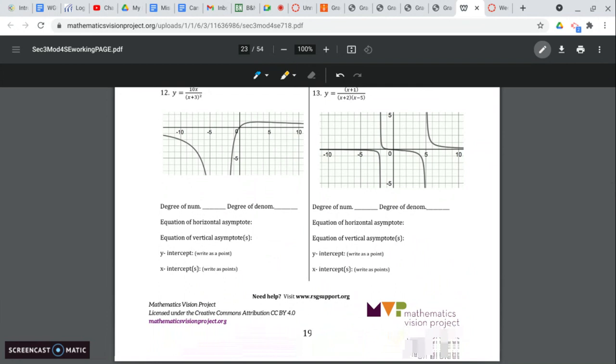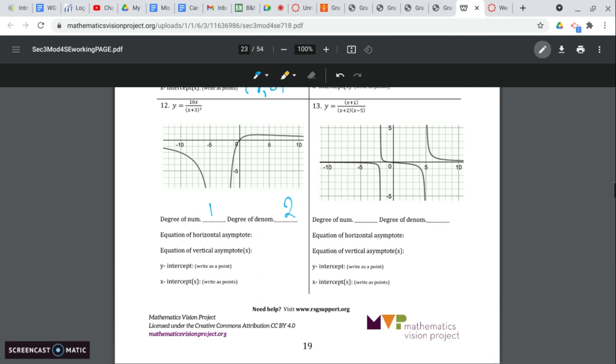For number 12, the numerator has a degree of 1. The denominator has a degree of 2. So degree is your key word for this lesson, degree.